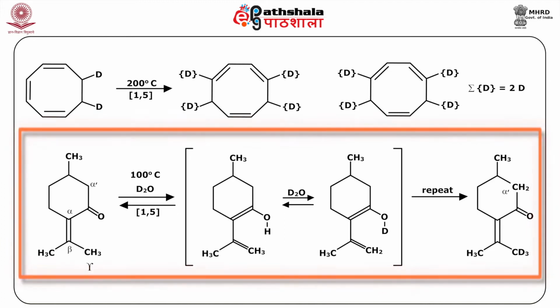The resulting dienol rapidly exchanges OH or OD before the 1,5 shift reverses. In this manner, the reactive methyl is soon converted to CD3.